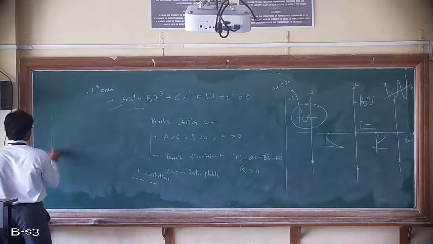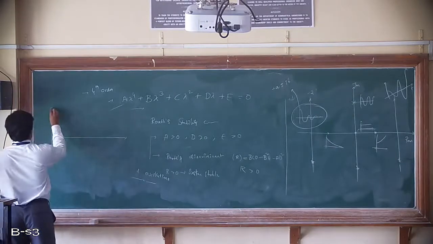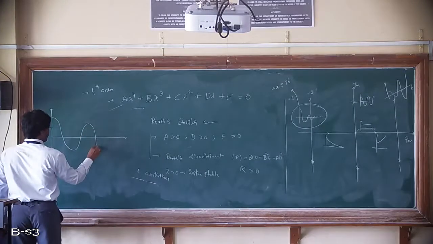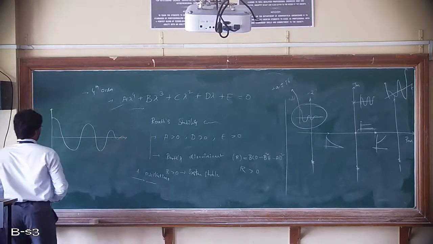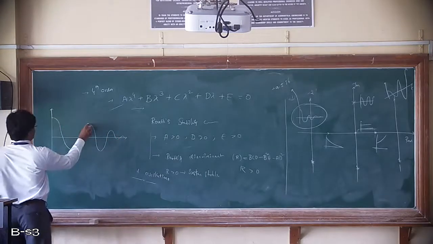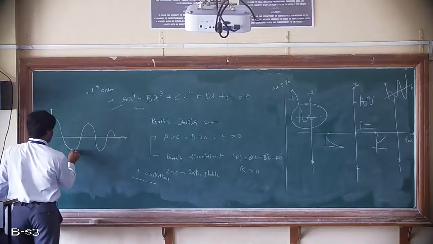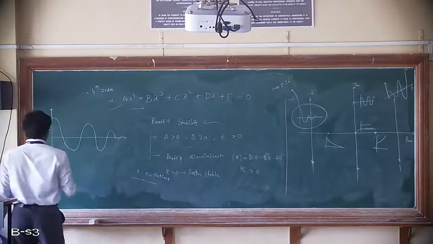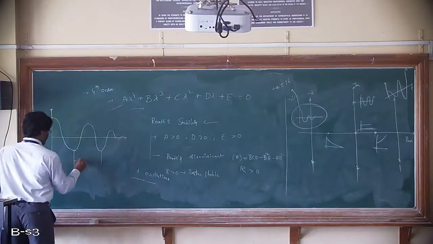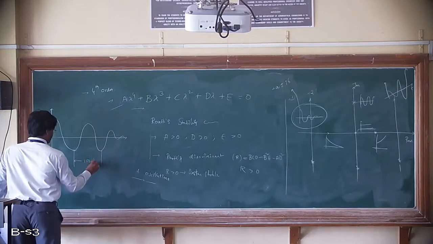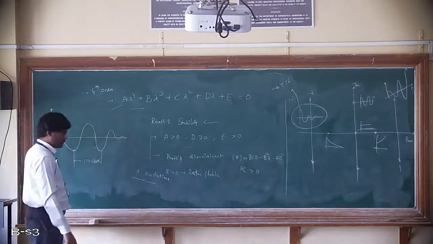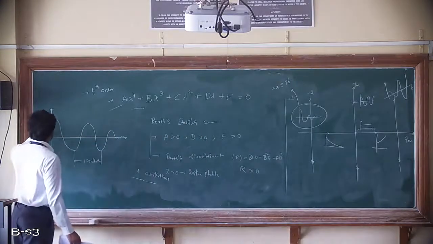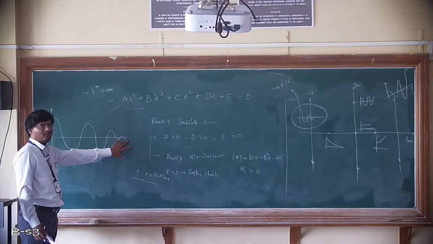If this is my response, you can take one oscillation as this one. One oscillation, right? This is the original amplitude, the original disturbance. Finally the disturbance will become 0.